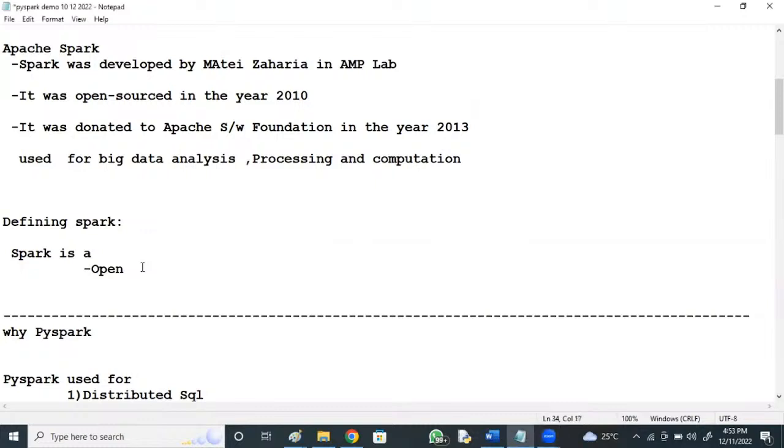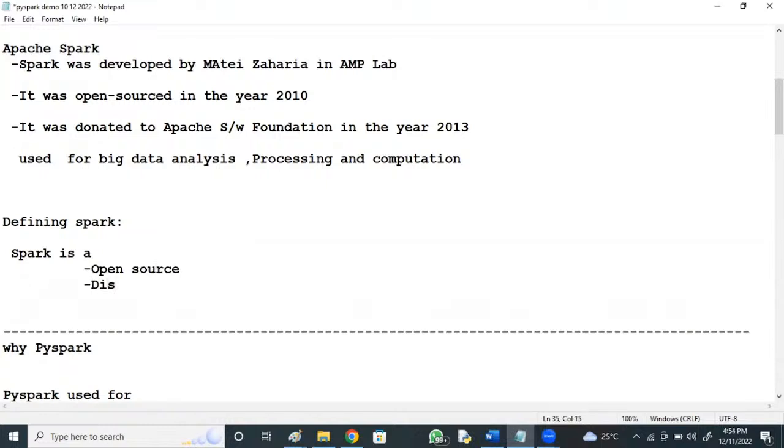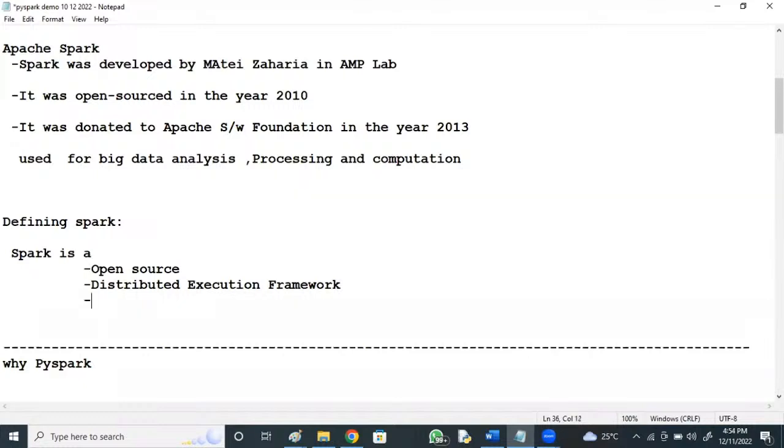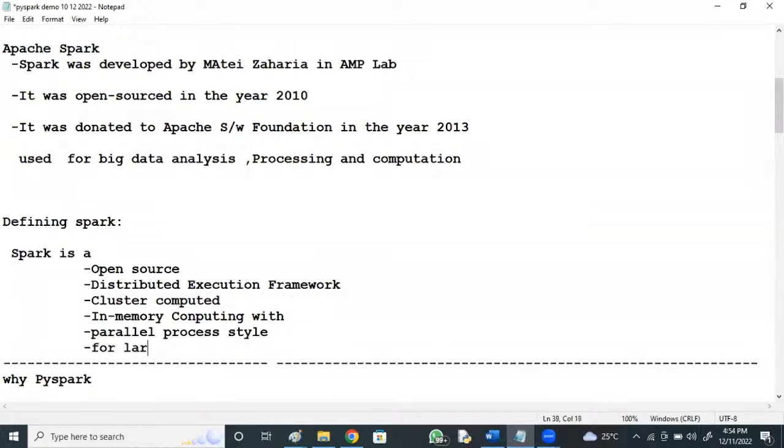Spark is an open source distributed execution framework, cluster computed, with in-memory computation, with parallel process style, for large scale data processing.